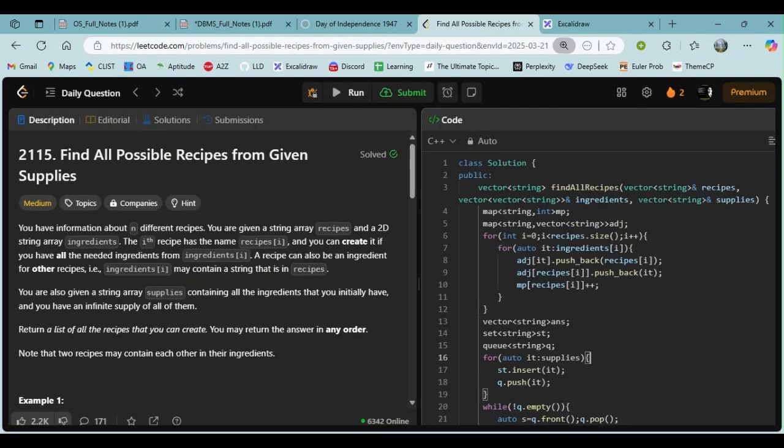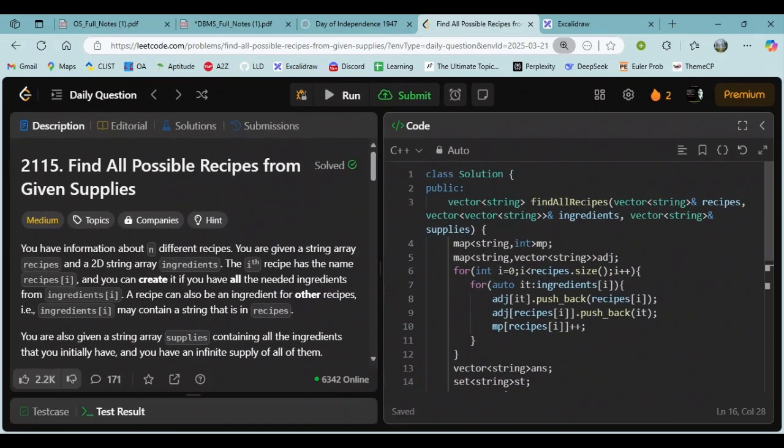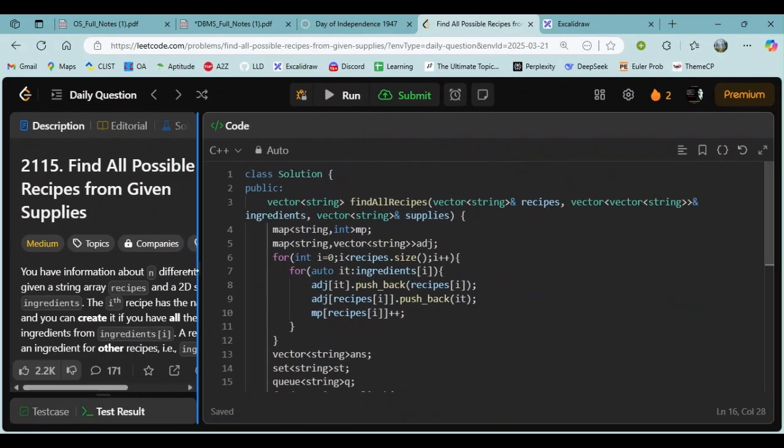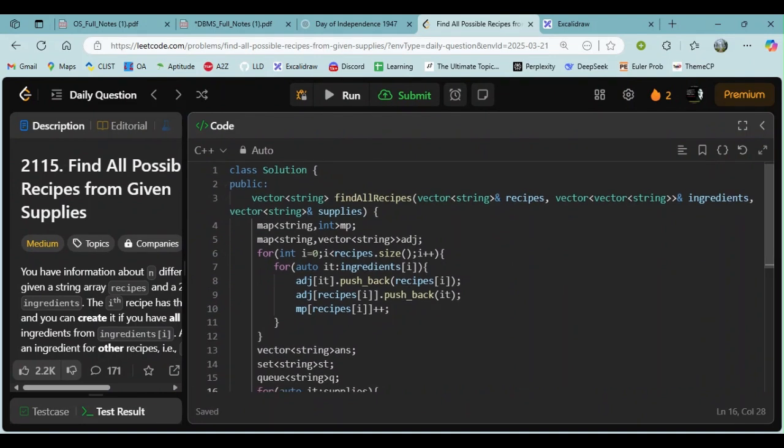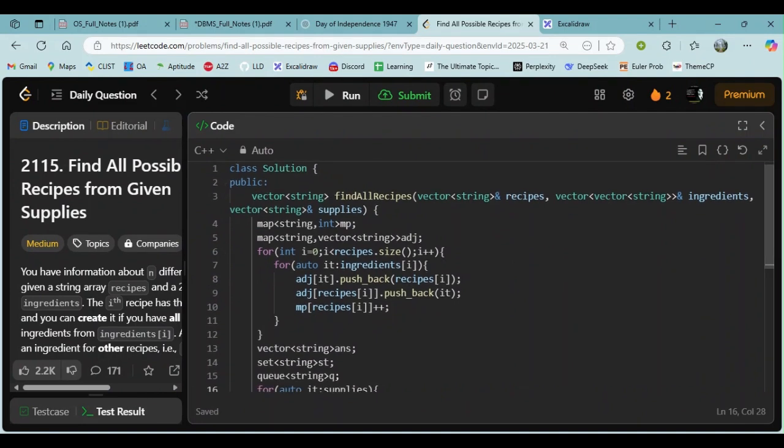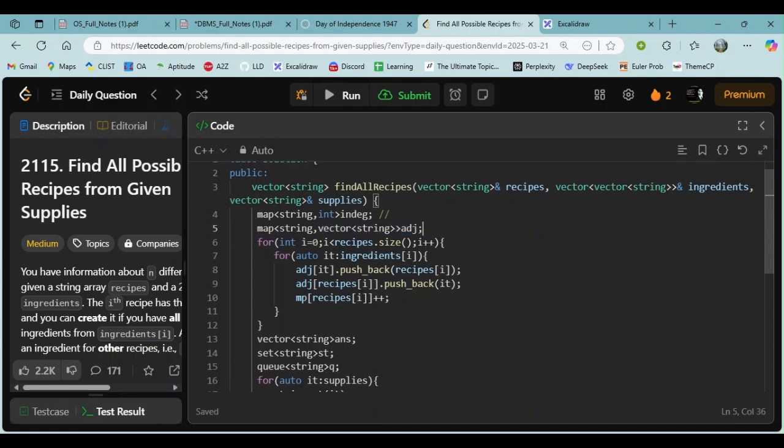Okay, this is my solution. First, what I am doing, I make a map for storing the in degree. Since you have to take the count and a string is given, I am taking a map, not a vector. And for making the graph, I am using a map also again, string and vector types.